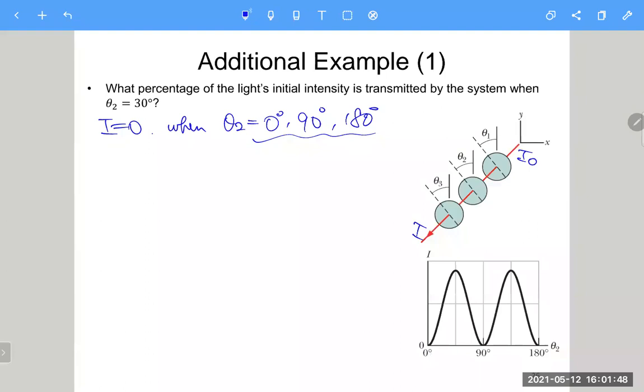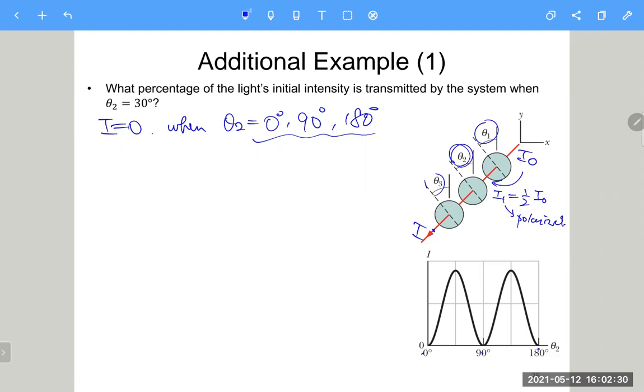Because we know that probably for this one, I1 should be 1/2 I0, and this one becomes polarized. And as much as this is 0 when theta 2 is 0 degree, 90 degree, or 180 degree, then it means that theta 1 and theta 2 must be perpendicular to each other, or theta 2 and theta 3 must be perpendicular to each other to make this happen.